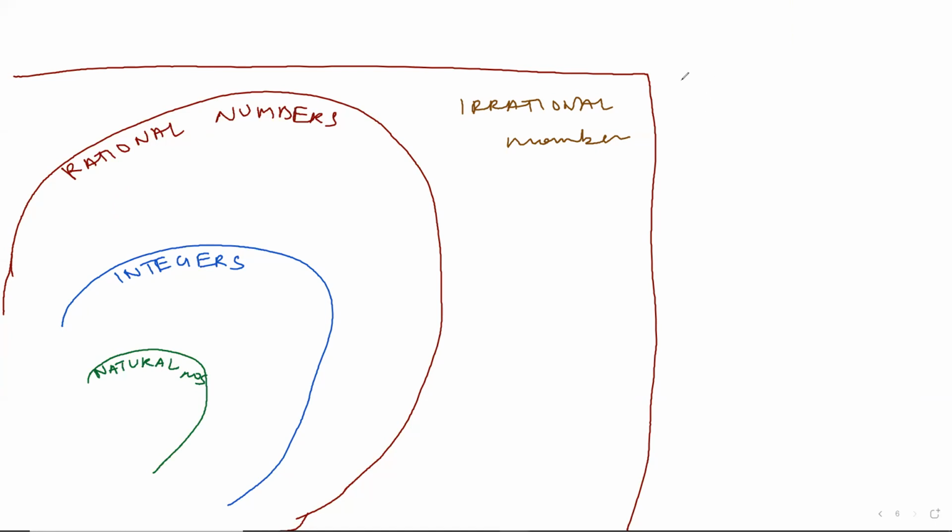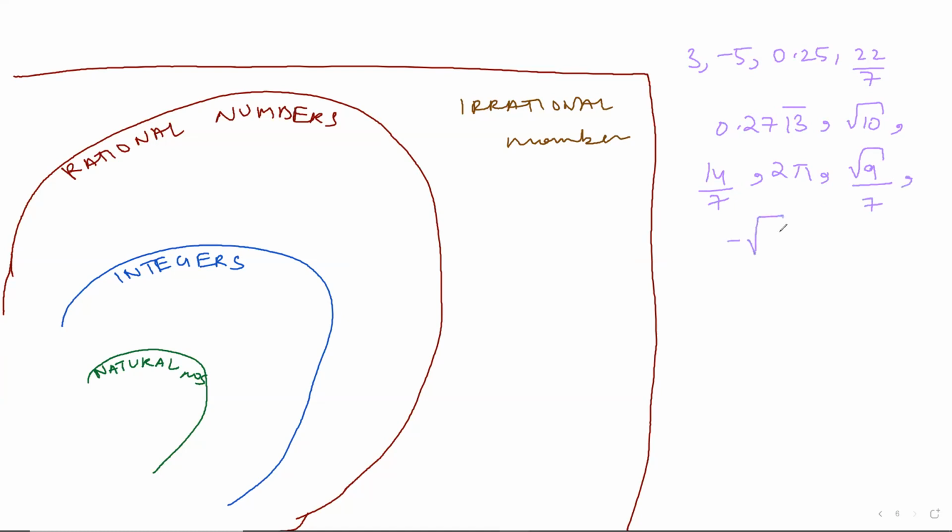So let's first look at 3, minus 5, 0.25, 7, 0.2713 bar, 10, 7, 2 by 9 by 7, and minus. Okay, so let's start.